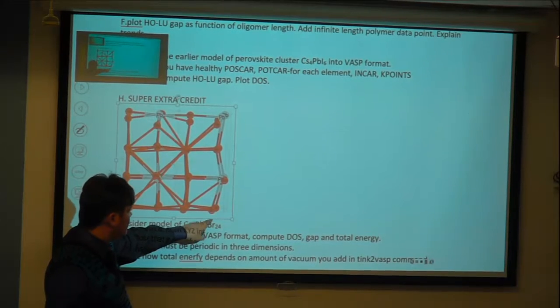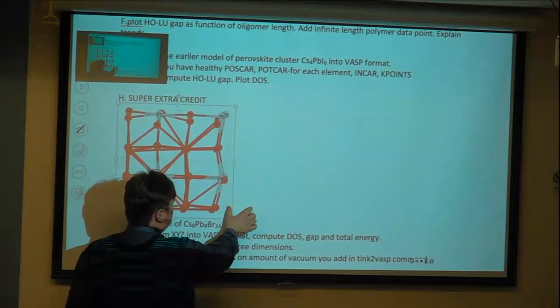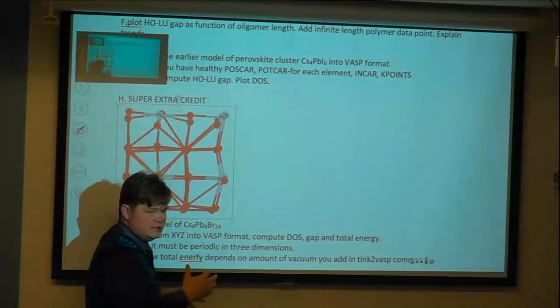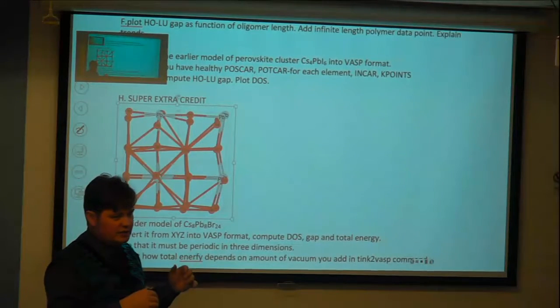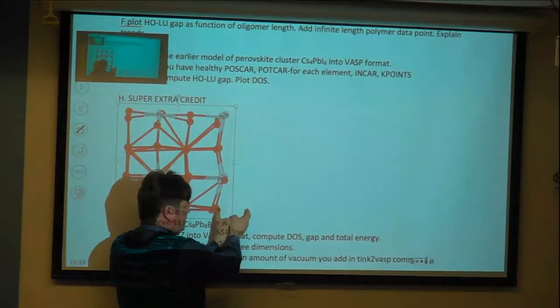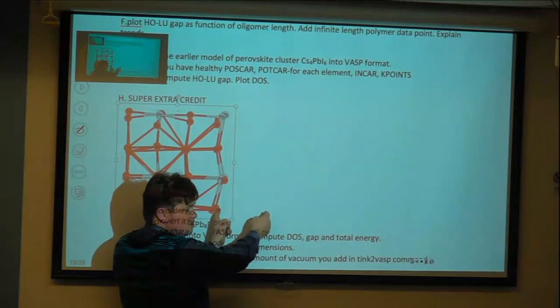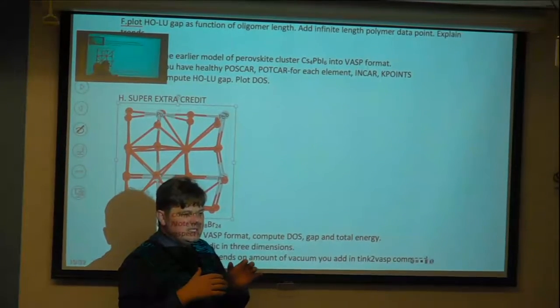Your task will be to add periodicity along X, Y, and Z, convert it into VASP, look for electronic structure and make density of states. If you have a super large amount of steam, you can try adding a little different amounts, like add 2 angstrom of vacuum, 1.8, 1.6, 1.4, or maybe 2.2, and see which amount of vacuum minimizes the total energy.